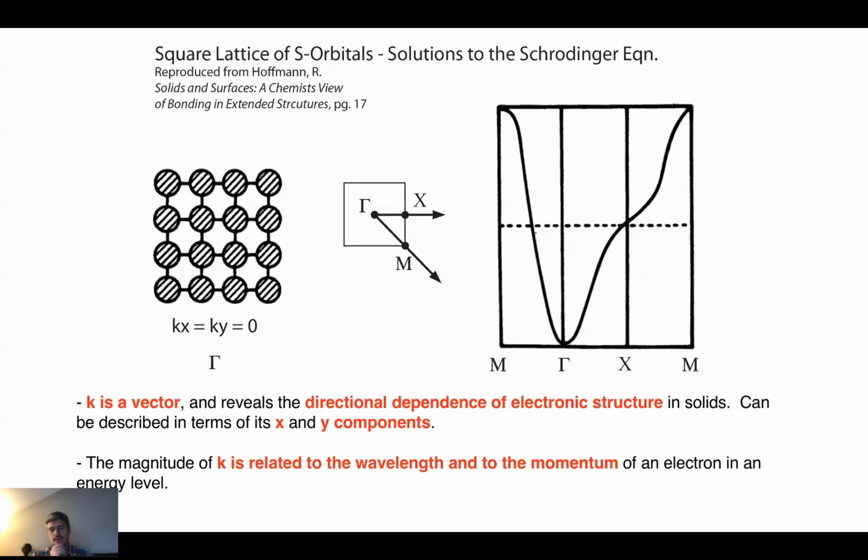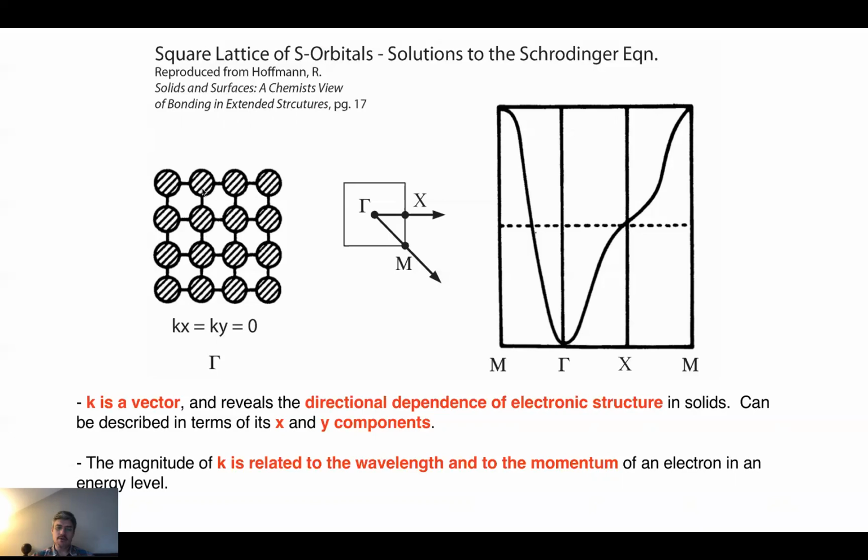along which waves can propagate. The wave function can propagate or oscillate. Okay, so k is a vector, and it tells you about the directional dependence of the wave function in a solid. So you can describe k in terms of its x and y components if you like.